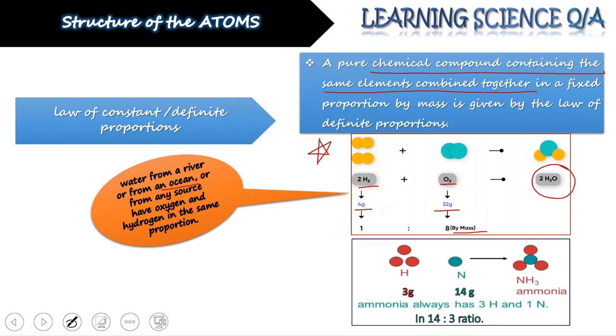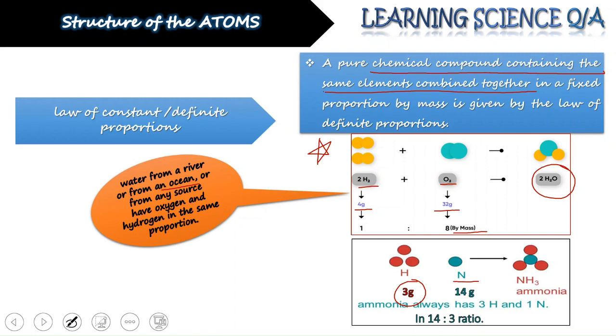Another example we see is of ammonia. Ammonia is formed by combining 3 grams of hydrogen, that means 3 atoms of hydrogen combining with 1 atom of nitrogen. So hydrogen has total mass 3 gram. Nitrogen has atomic number 7, atomic mass 14. Interestingly, for hydrogen, atomic number and atomic mass are same. So 3 grams of hydrogen combine with 14 gram of nitrogen to give ammonia.